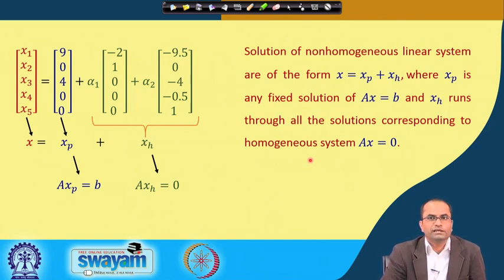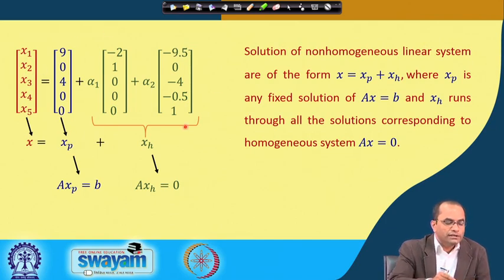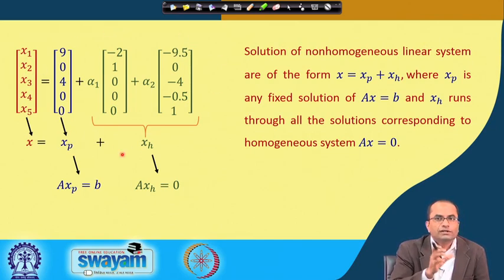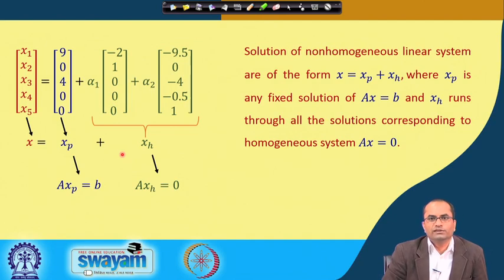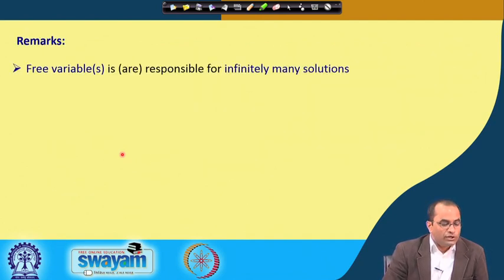The whole xp plus xh is also satisfying the Ax is equal to b system of equations.